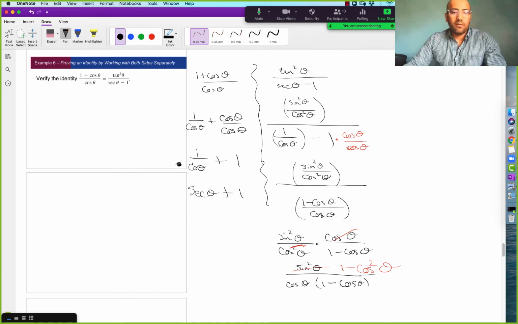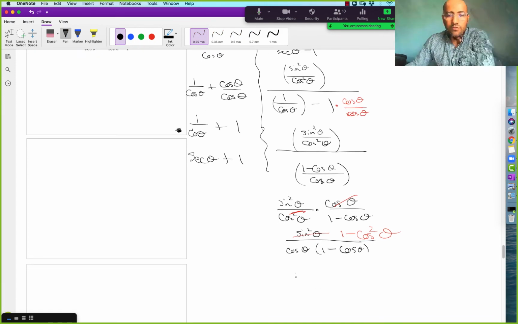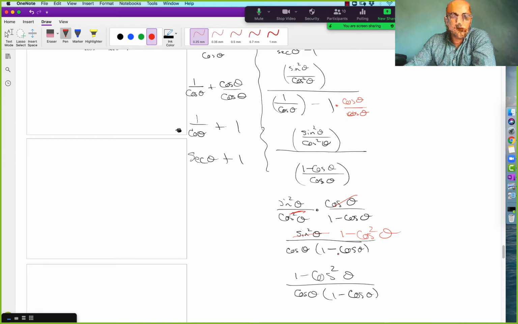Okay, so then that turns into 1 minus cosine squared theta over cosine of theta times 1 minus cosine of theta. And then 1 minus cosine squared theta can be factored into 1 plus cosine of theta times 1 minus cosine of theta.